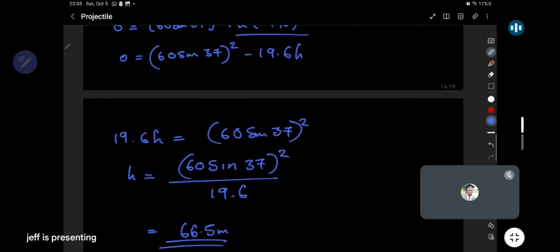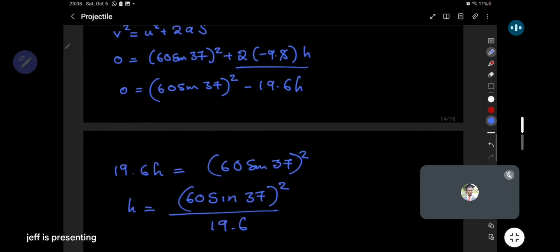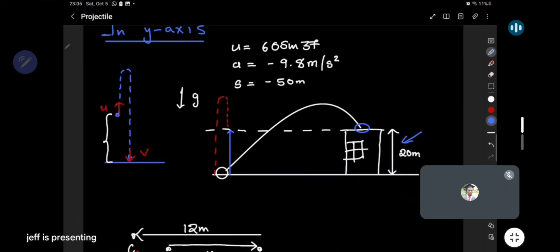In the case we were looking at, the object finds itself somewhere lower than the starting point. So when it finds itself below the starting point, the displacement is negative. In the second case, this example I'm showing you, where it ends up at a position higher, the displacement is positive. Do you see that? Okay.